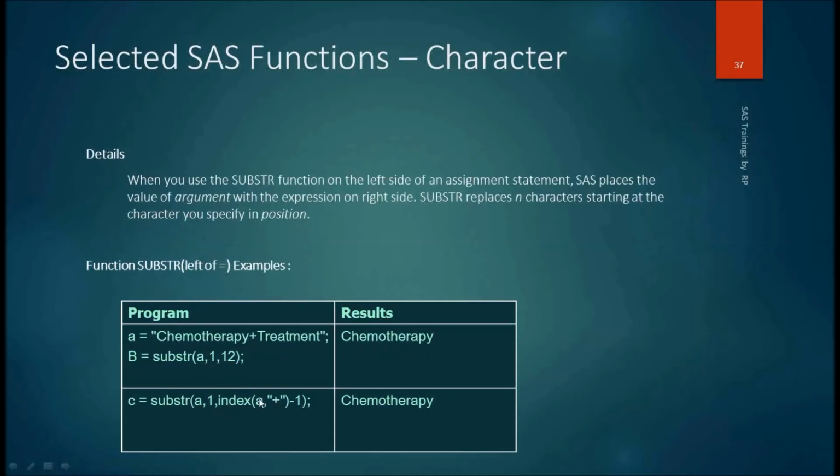By running this code, the index function runs first, and it gives the value 13, because if you see the plus sign here, it is in the 13th position. By subtracting 1, we get 12, which means it gives you the value 12 without specifying 12 directly. So as a result, we will get chemotherapy.